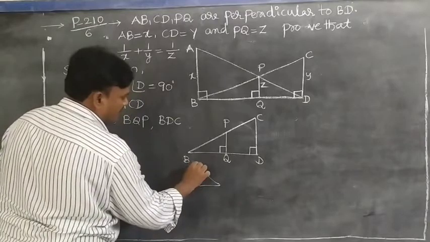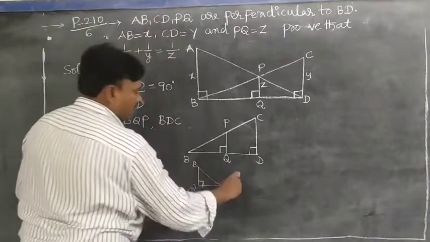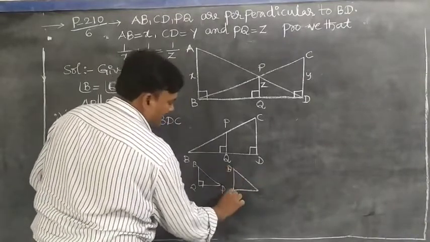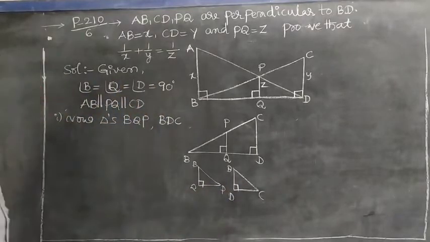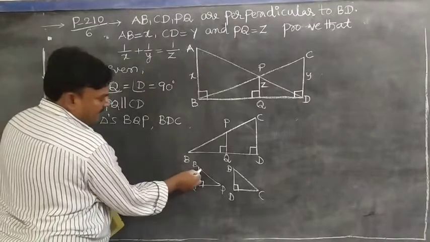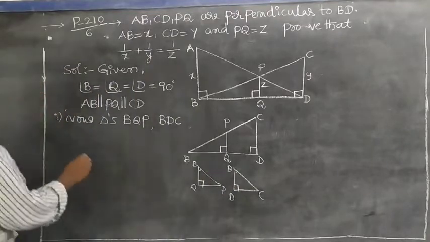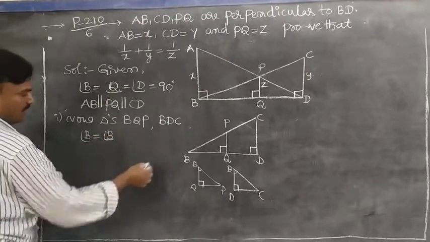This is BQP and the next one BDC. Here angle Q equal to angle D. Is it right? Next, in both triangles, angle B equal to angle B, already given according to the problem.